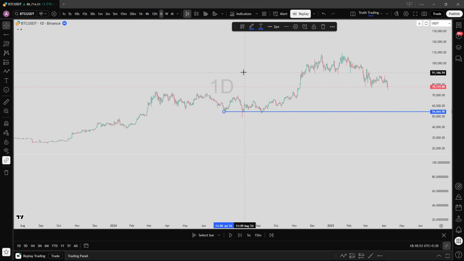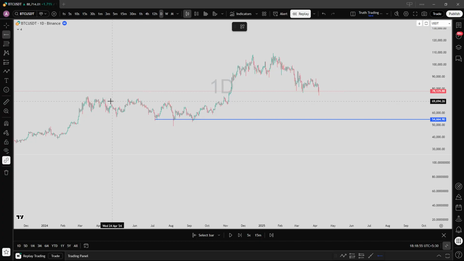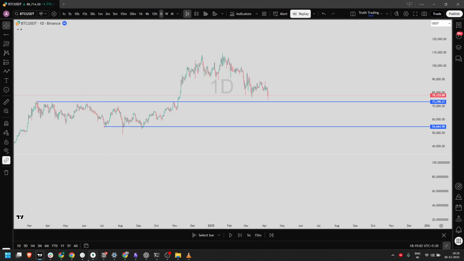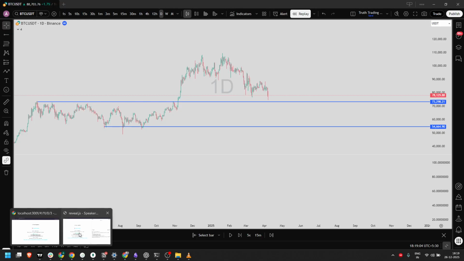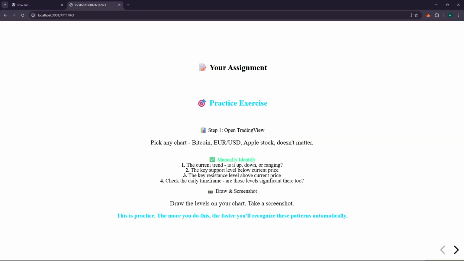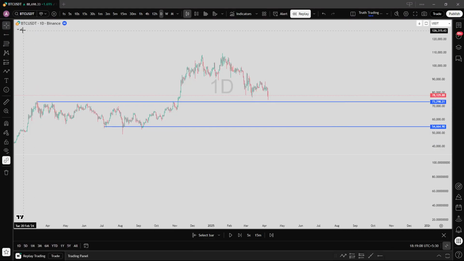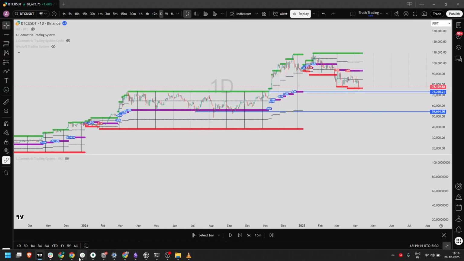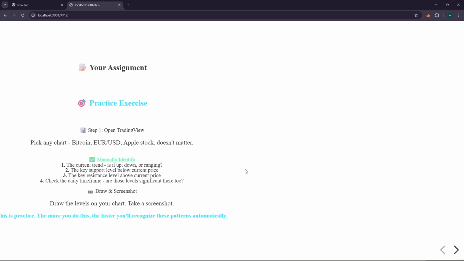So this is support like that, this is resistance, right? After that I'm going to show you how to add this. If I just go ahead and enable this, you'll see those support and resistance levels automatically plotted there. Okay, so let's move on.